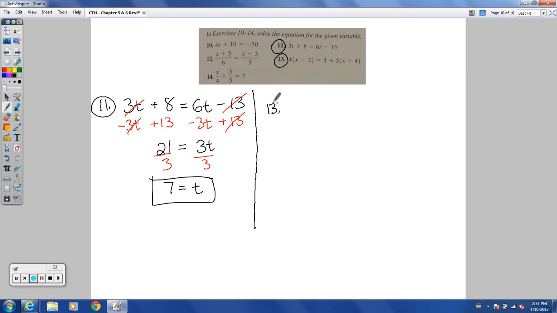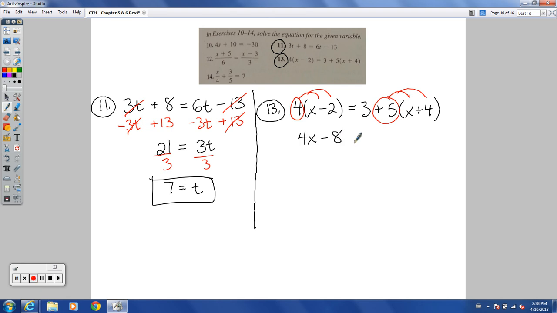Number 13, again, I'll rewrite the equation for ease of understanding. And think of taking this now. Oops. To get out my red there, the 4, distribute that through, positive 5, distribute that through, and that would leave me with 4x minus 8 equals 3.